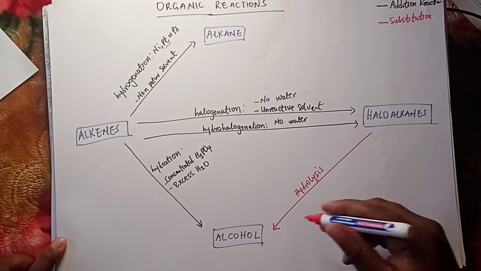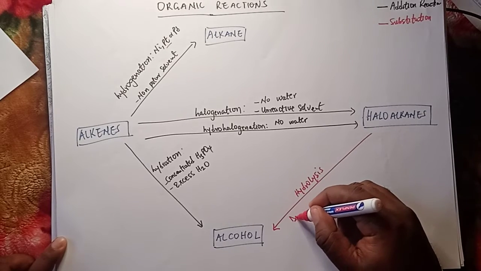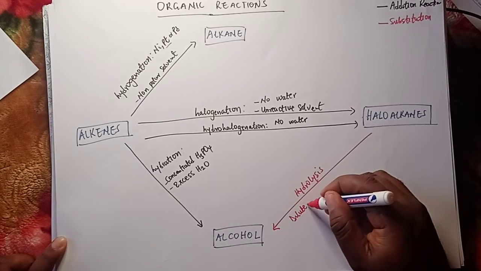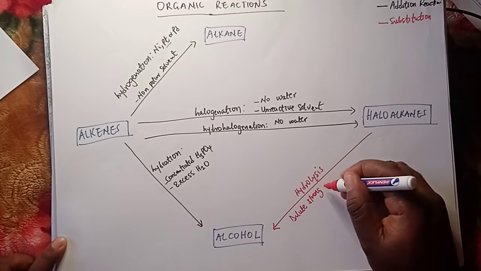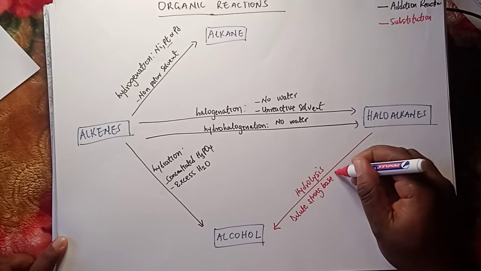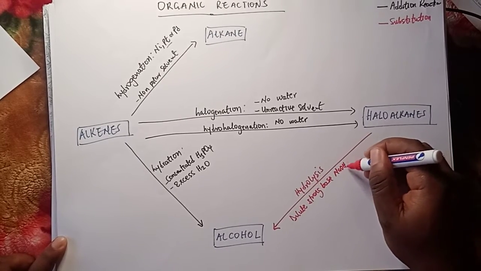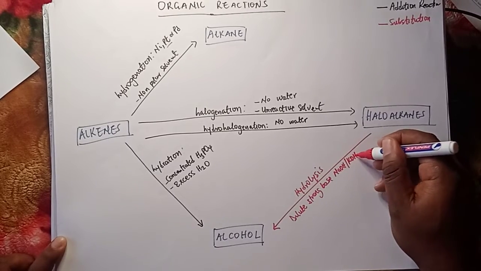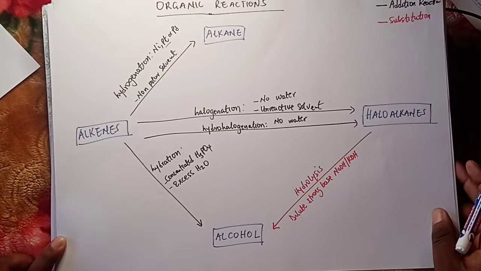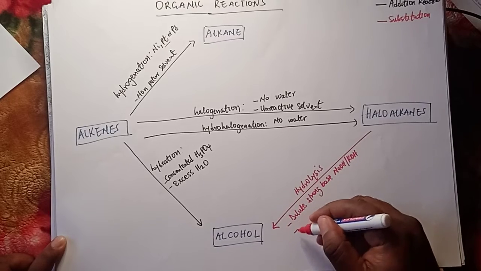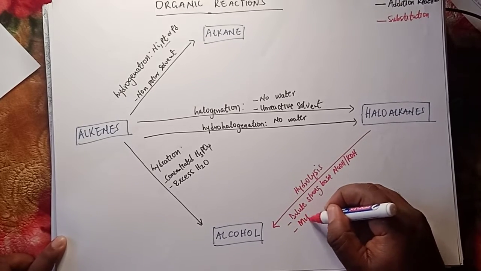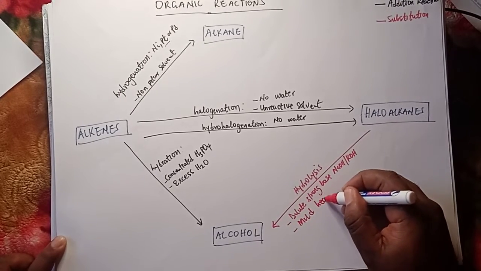In hydrolysis, we are going to use a dilute strong base, which may be sodium hydroxide or potassium hydroxide, and sometimes even lithium hydroxide. Here we are heating, but we apply only mild heat.